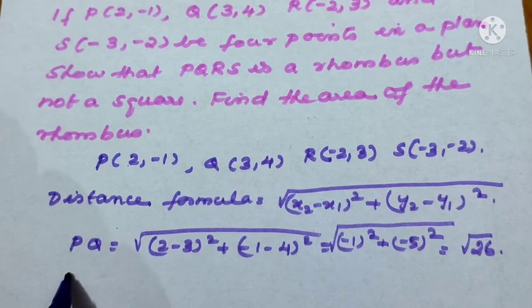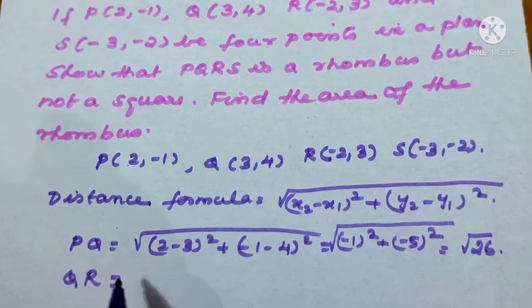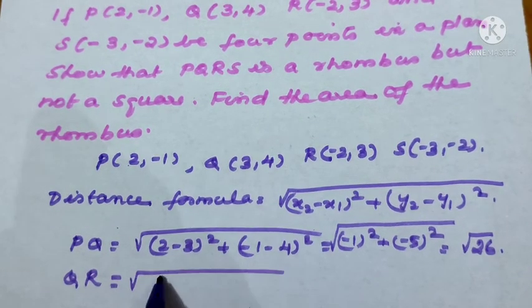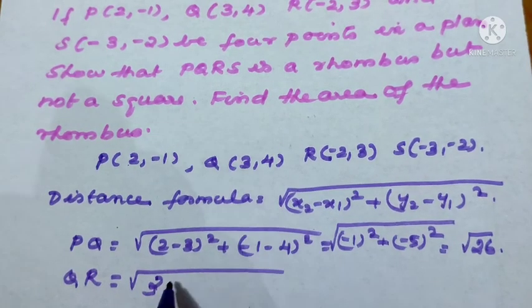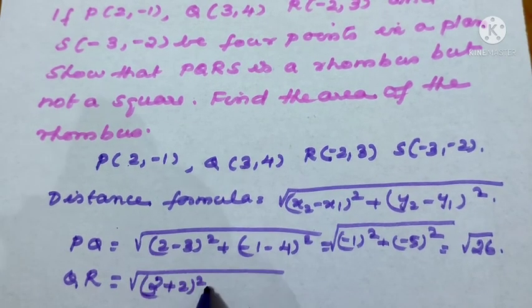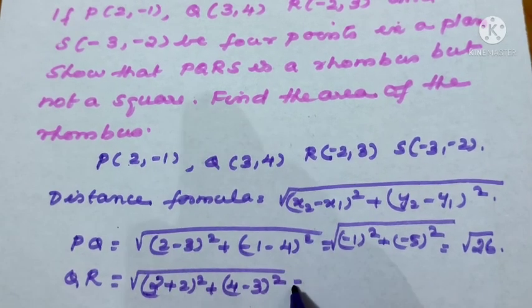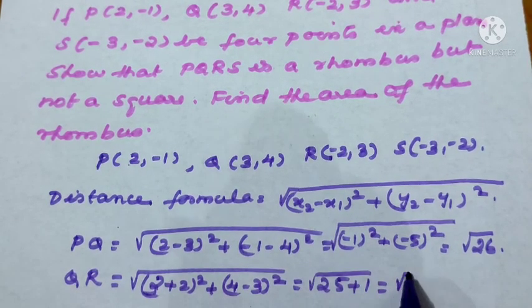Similarly we can calculate QR. QR equals (3 plus 2) whole square plus (4 minus 3) whole square. 3 plus 2 is 5 square, that is 25, and 4 minus 3 is 1, so the total is 26.